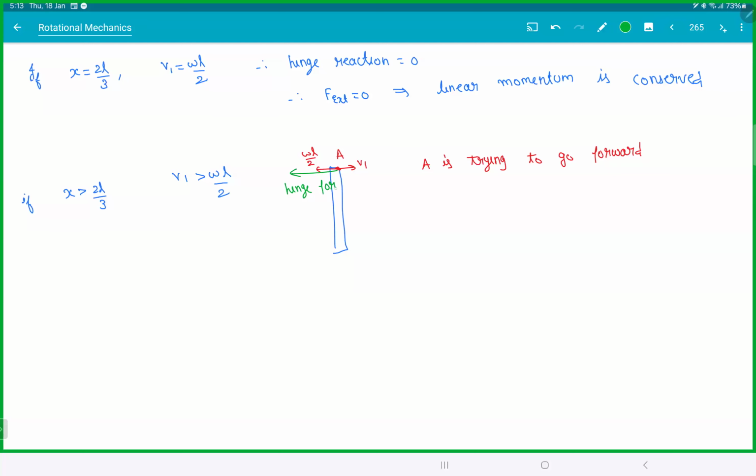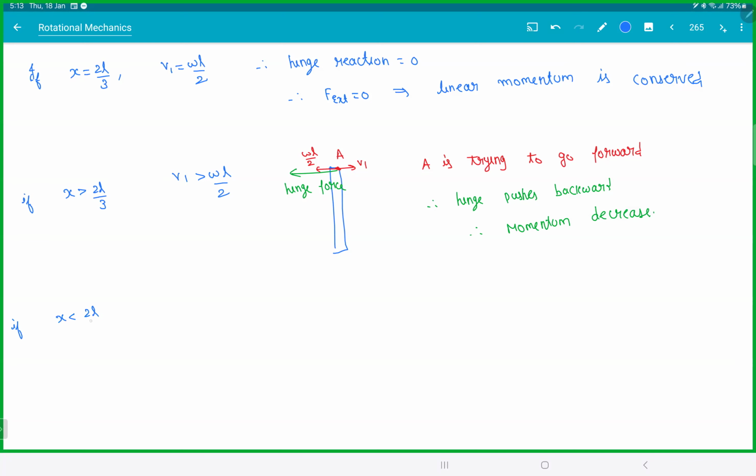If I try to pull you forward, the hinge force will be backward. Therefore, hinge will push to the left. And if you see, this hinge force is opposite to the momentum. Therefore, momentum decreases. The momentum of the system decreases in this scenario.